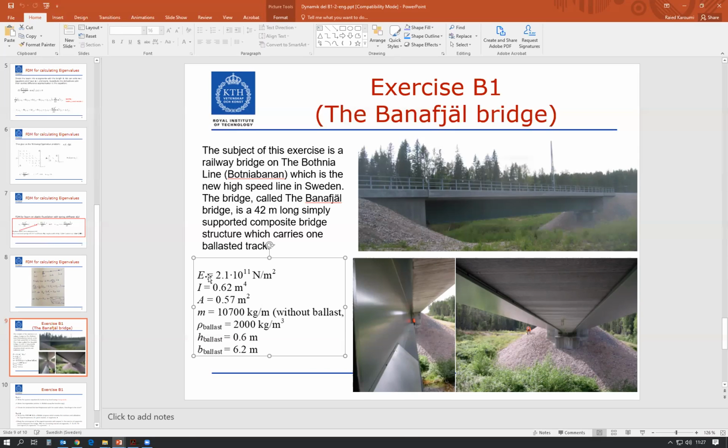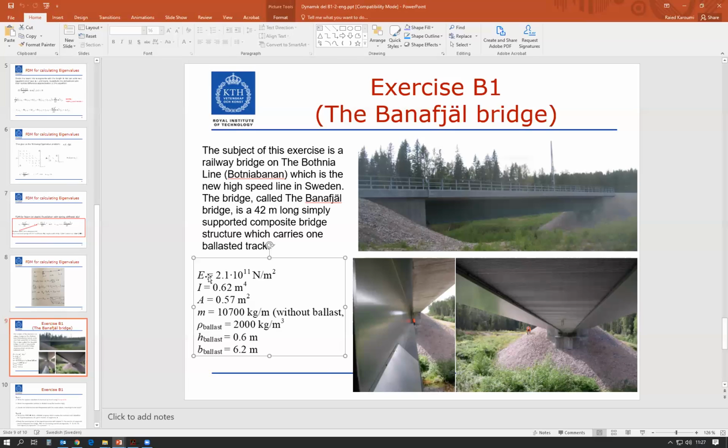This bridge should in the future be able to carry trains passing at 250 and more. Now, in reality, if you do the analysis of this bridge, not using this dynamic factor, but you do the proper analysis, you will find that already for speeds below 200 kilometers per hour, the bridge will experience resonance for long trains. And this is what you will see also when you do exercise B2 on Wednesday.